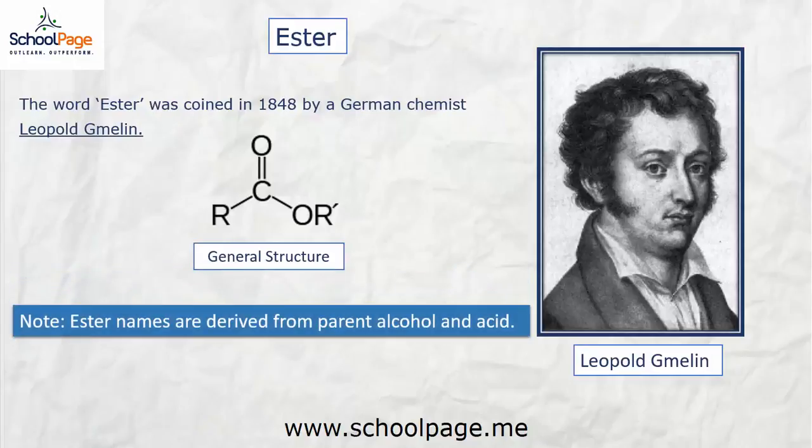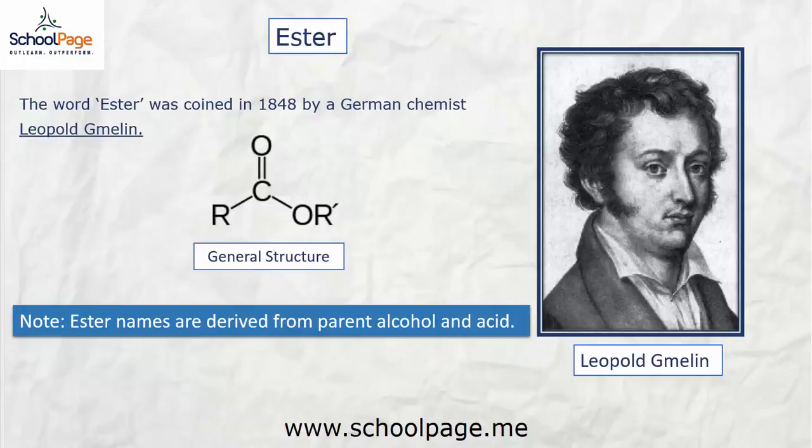There are so many different esters in nature and so many industrially produced. These esters get their name from their parent alcohol and acid. It simply means that esters are manufactured using alcohol and acid, and whenever an ester is produced, its name is derived from the names of the alcohol and acid from which it is manufactured.